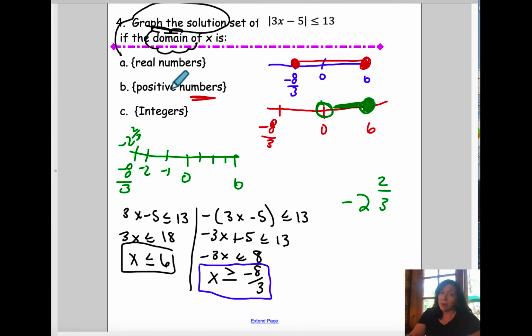What counts, starting at negative 2 and not moving, just negative 2, because they only want integers. They don't want the numbers in between. So that's going to be this, all of these up to 6. I know that's not 6, but you can get the idea. That would be my graph for my solution set, which includes only integers.